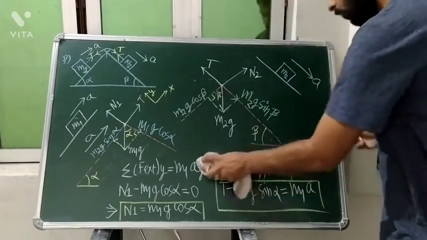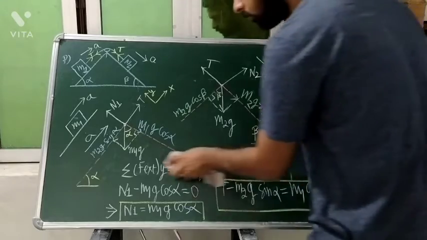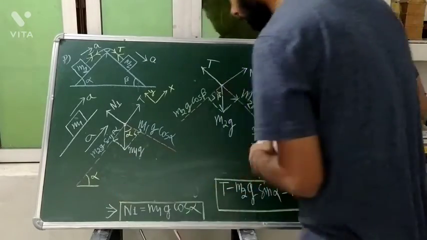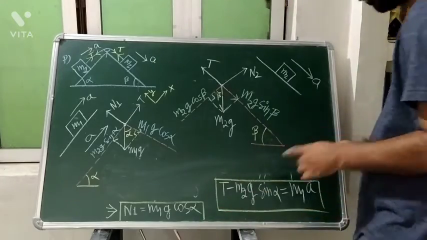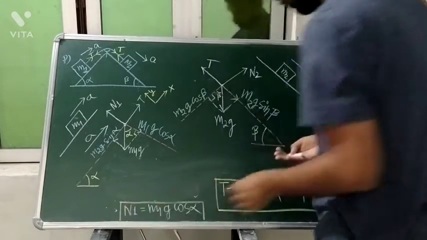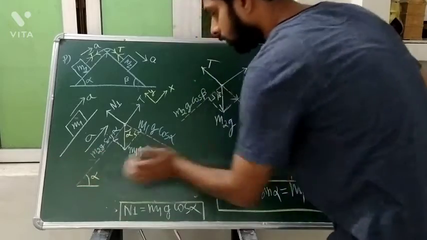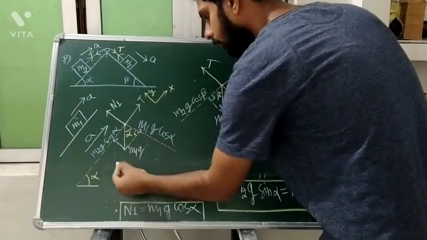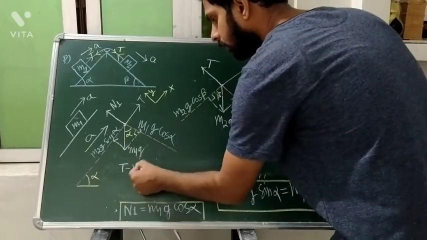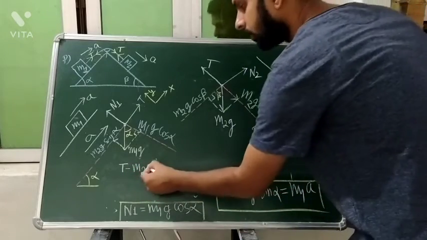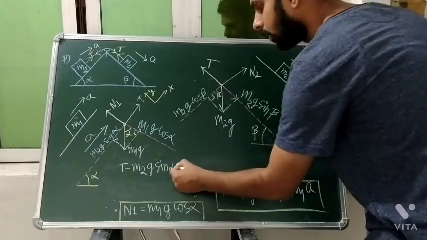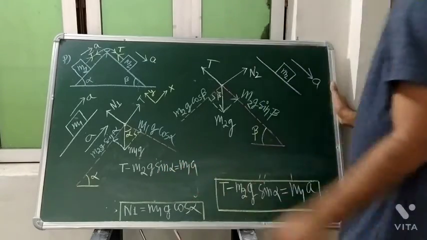These are the things we are getting for block 1, is it? What are the equations we are getting here? We are getting T minus m2g sin alpha should be equal to m1 times a.